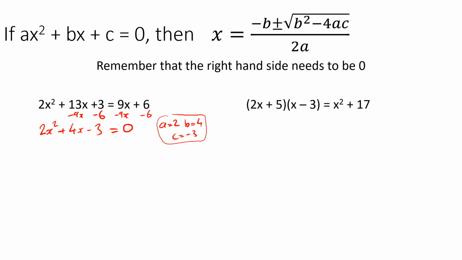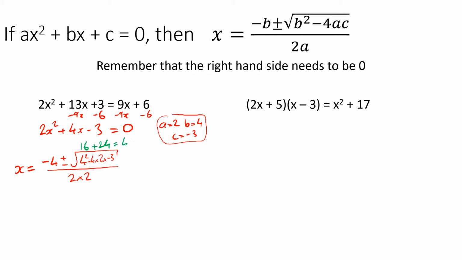So let's put those all into our formula. We'll end up with x is minus b, so minus 4, plus or minus the square root of 4 squared minus 4 times 2 times minus 3, all over 2 times 2. Again, well worth working out this bit in the square root first. 4 squared is 16. Minus 4 times 2 times minus 3 is plus 24, because minus times a minus.